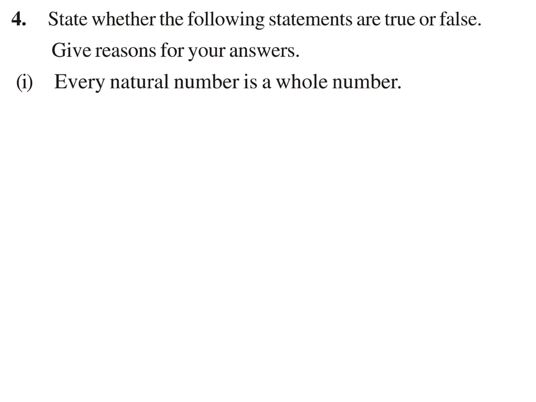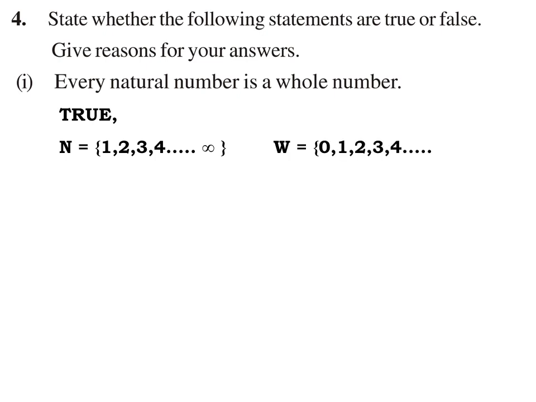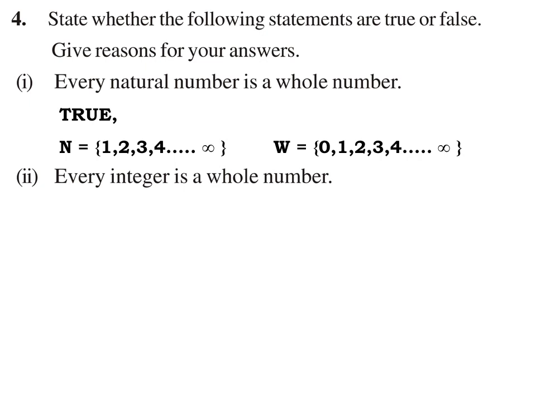Yes, it is a true statement, because N equals 1, 2, 3, 4, 5 up to infinity, and W equals 0, 1, 2, 3, 4 up to infinity. As we can see, all natural numbers lie in the W set. So we can say every natural number is a whole number.